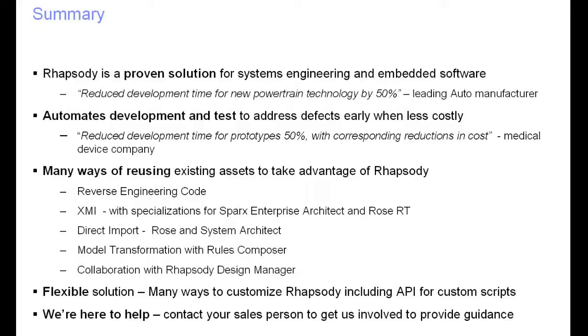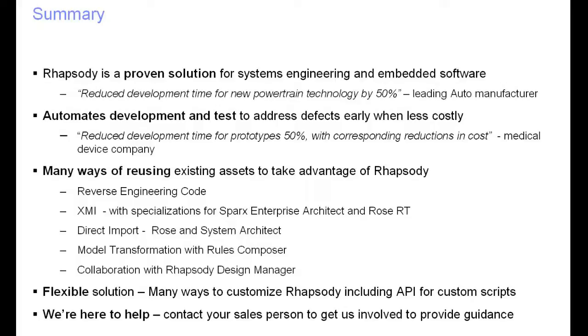We've seen companies have improvements of about 50% in their development time, which can be significant if your development costs $2 million and you can save $1 million by switching over to Rhapsody. It also automates your development and testing. We have a lot of capabilities for simulation and model-based testing, which I didn't really get into in this type of webinar, but it automates that whole testing and validation process. That can really improve the quality of your design and optimize the way you're developing.